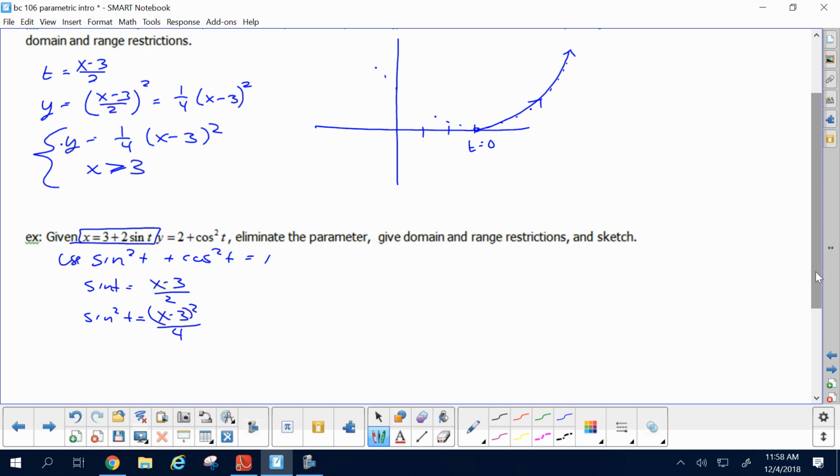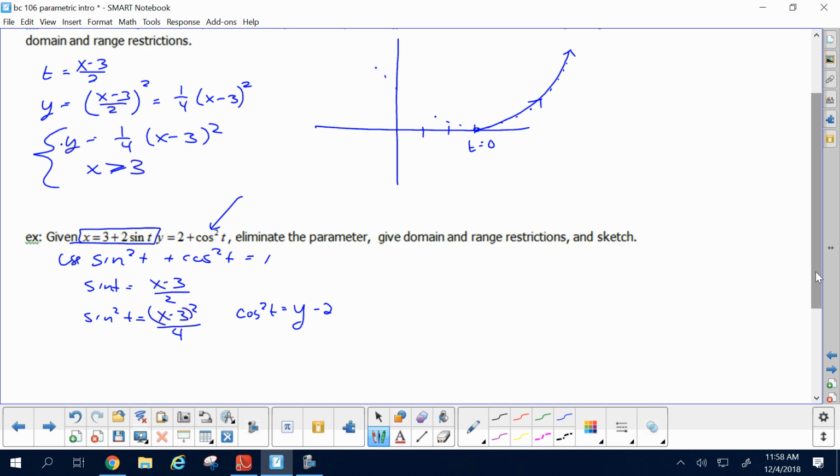Yeah. Likewise, I could get a cosine squared from the other one. Cosine squared, based on isolating this, is equal to y minus 2, right?